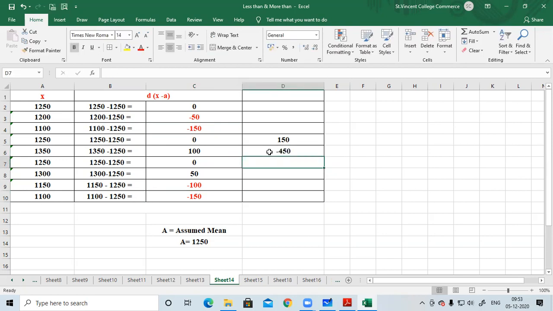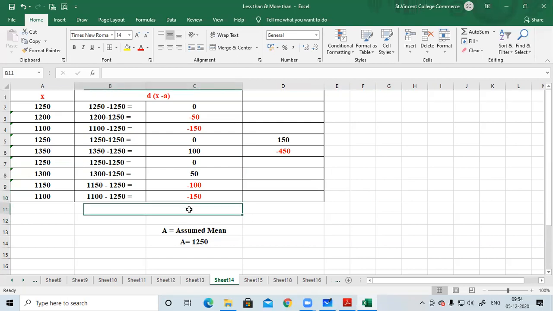Is this right? So you have to just add all the numbers, but positives add separately, negatives add separately. So the total of your positives is 150, and the total of your negatives is 450.